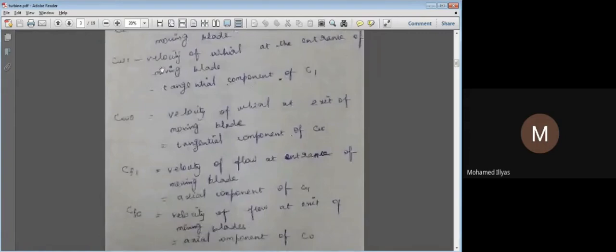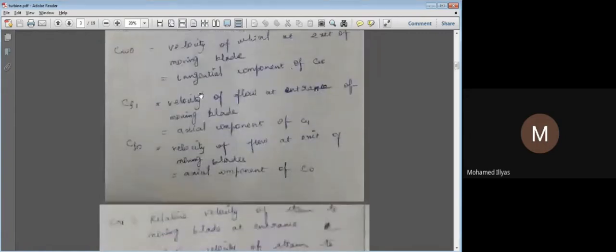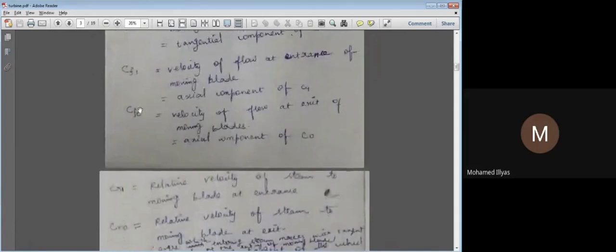So the tangential component at inlet and outlet is completed. Next, CF1, CFO are the axial components at inlet and outlet respectively.